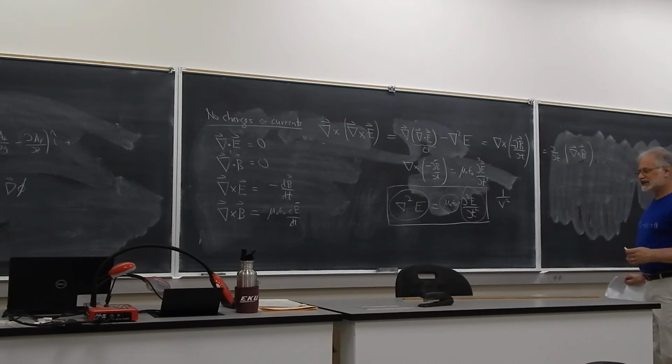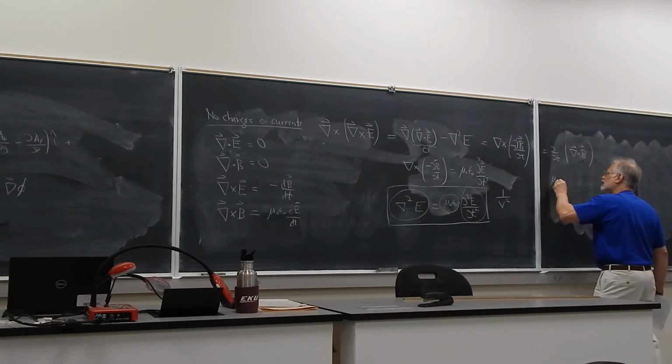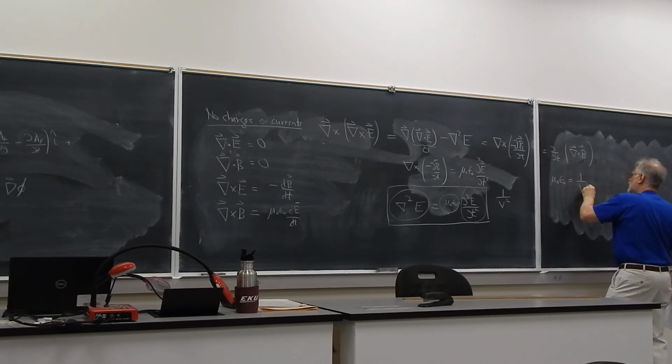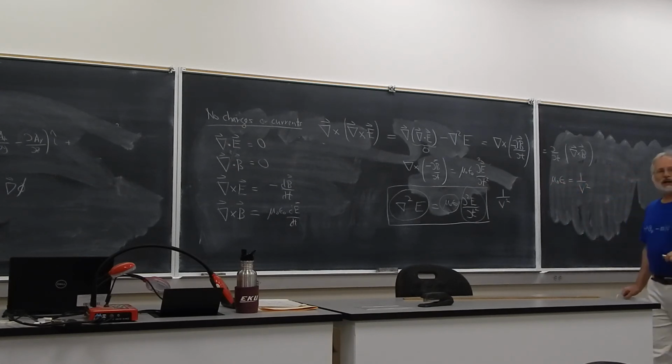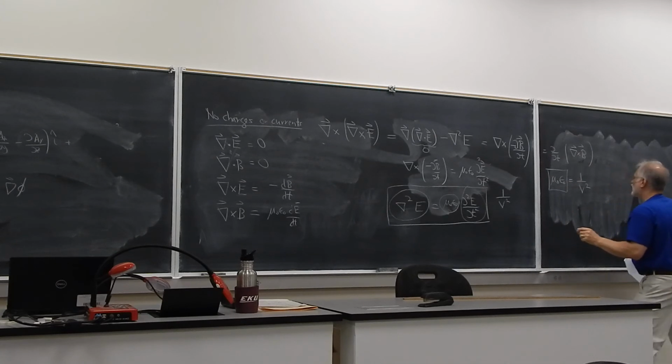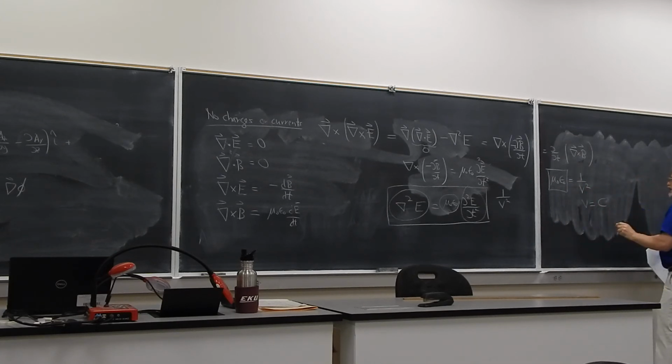What this is saying, and this is extremely suggestive, is that mu naught times epsilon naught should give me 1 over some velocity squared. Well, a little bit of work on the calculator would show you that if I multiply these two numbers together, the velocity is exactly the speed of light, or 3 times 10 to the 8th meters per second. So this is amazing.